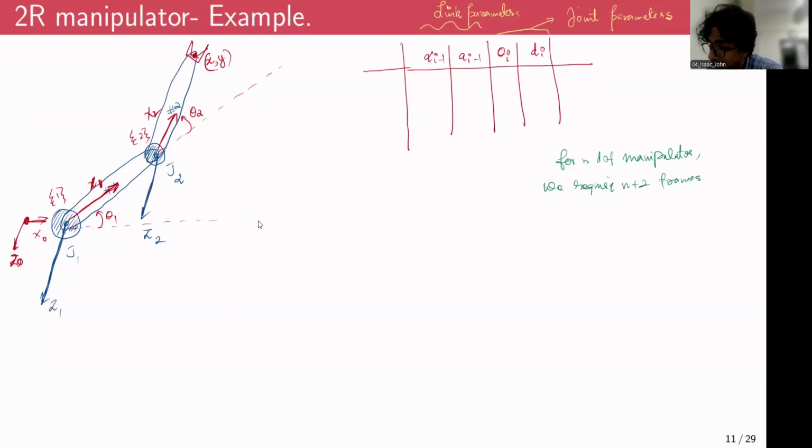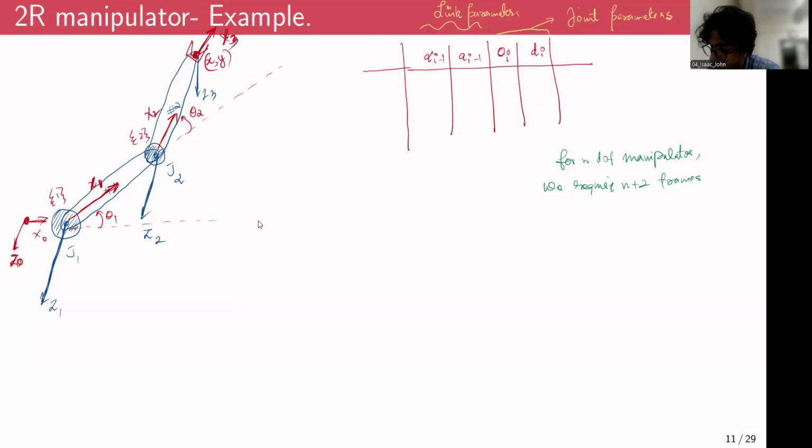And the frame that is on the distal end, I'll keep it identical to the previous frame, Z2 and X2, just for my own convenience. So Z3 will again be out of plane, and X3 I'll keep in the same direction as X2.